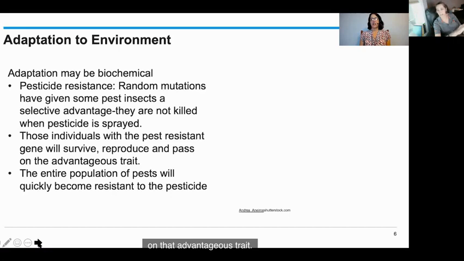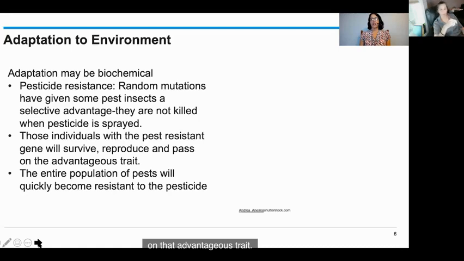Yeah, they would die. So if the variation doesn't already exist, then that spray is going to wipe out and kill everyone just like it's supposed to. The problem is with sexual reproduction and mutations that occur, especially bacteria who can reproduce every 20 minutes, there's a lot of variation.